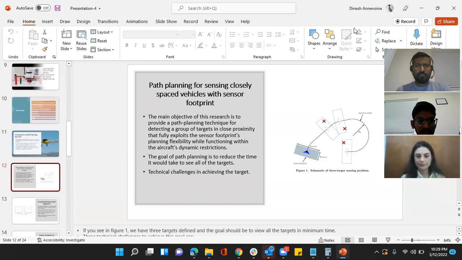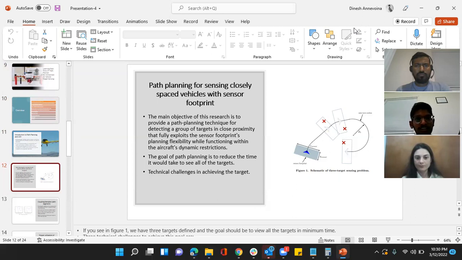This path planning problem is particularly challenging in autonomous fixed wing aircraft because of the restrictions that dynamic aircraft have, such as the turning radius, which should be as minimal as possible, and the downward looking sensor footprint is also a major concern in aircraft.